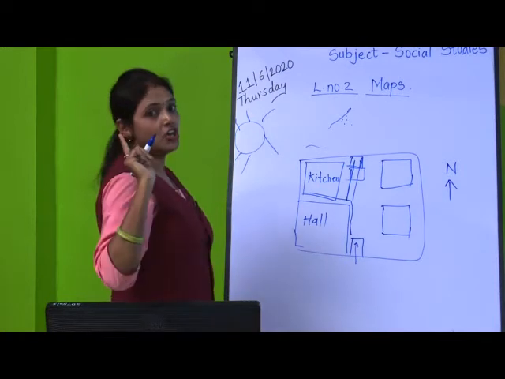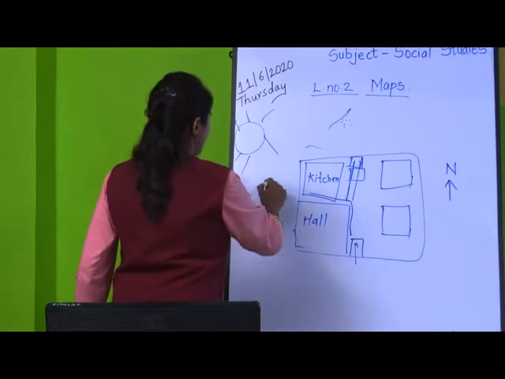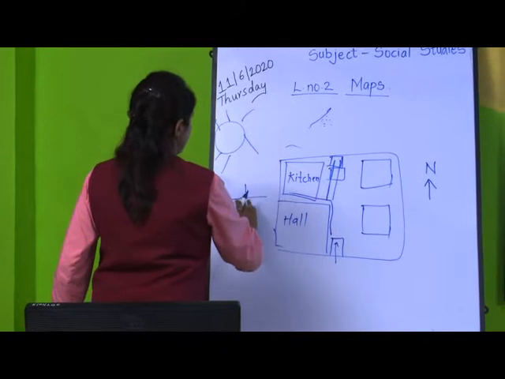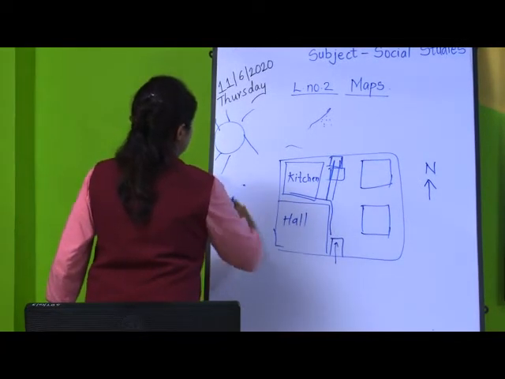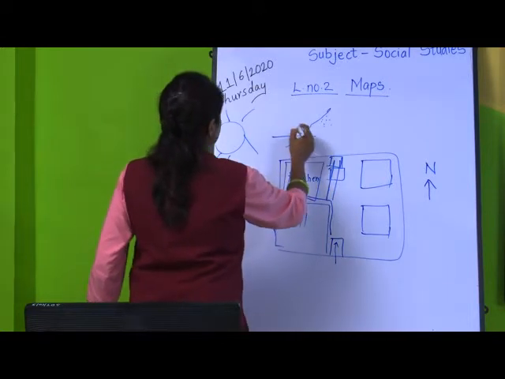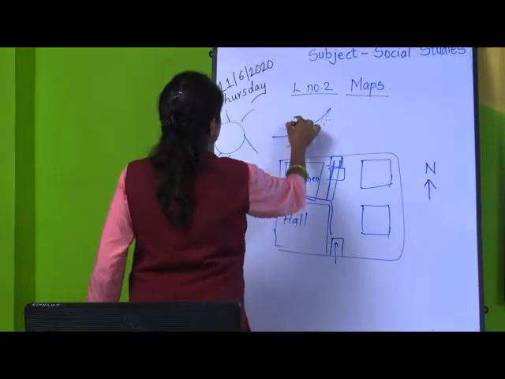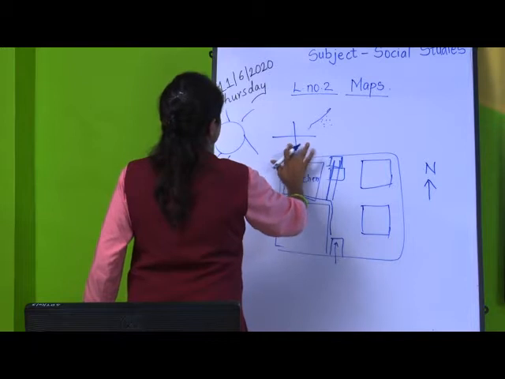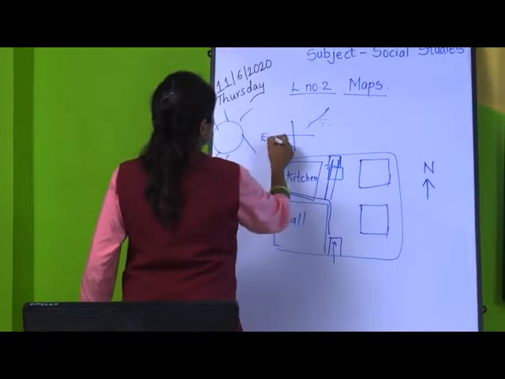That will be your east direction. Wait, I'll show you. This is my sun. Here is my right hand.